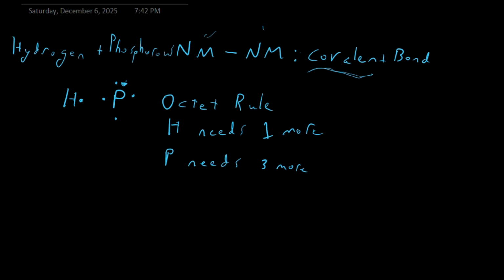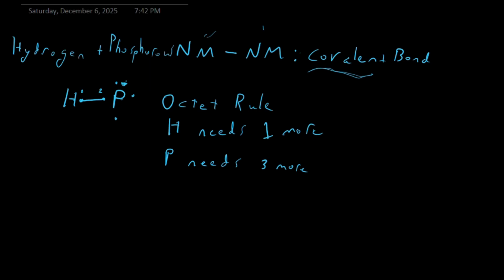So how can hydrogen and phosphorus share an electron so that they're both happy? Well, they're sharing these electrons, then we have 1, 2, and hydrogen has its 2, so hydrogen is happy. It's gotten its 1 more. And phosphorus has 1, 2, 3, 4, 5, 6, but it wants 8.